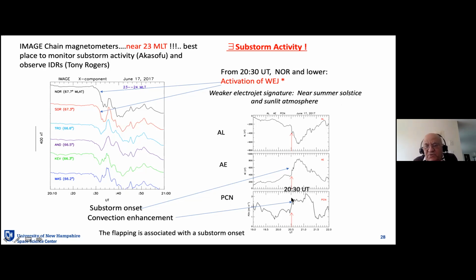These are all good news because, for instance, on the PCN index, Cowley and Lockwood, in the 1990s, wrote a paper showing that magnetospheric convection is driven by two sources. One is on the night side and one is on the day side. In our case, we agree with them, and we say, yes, we have an intensification of magnetospheric convection due to reconnection on the night side, which you have just seen.